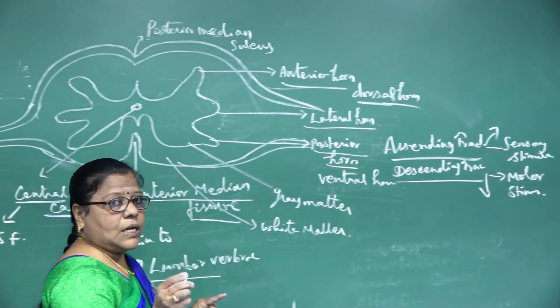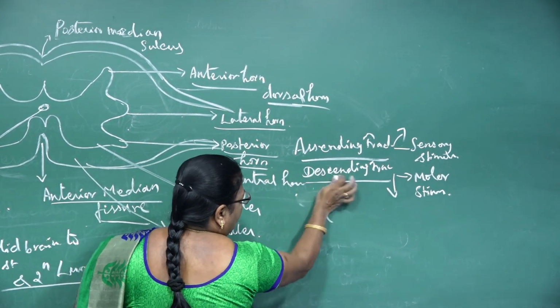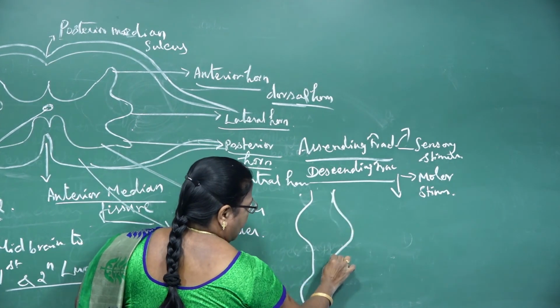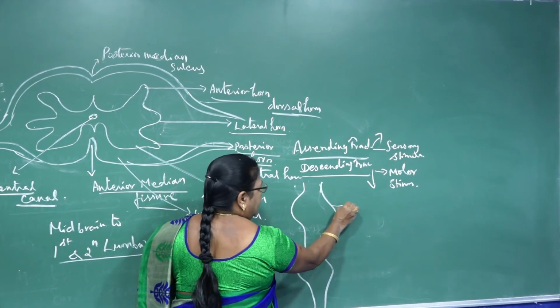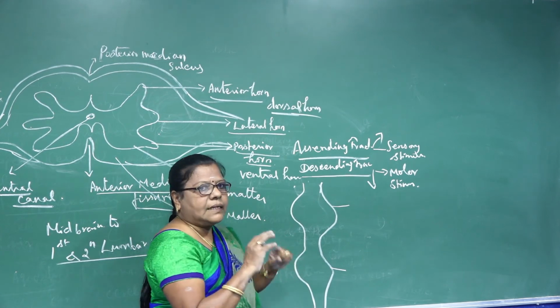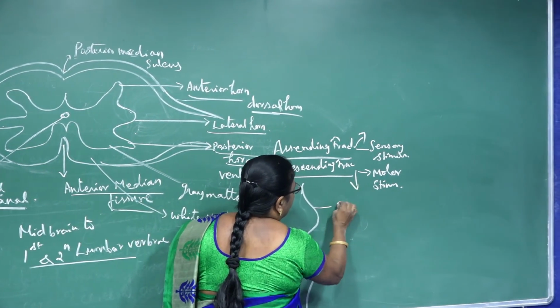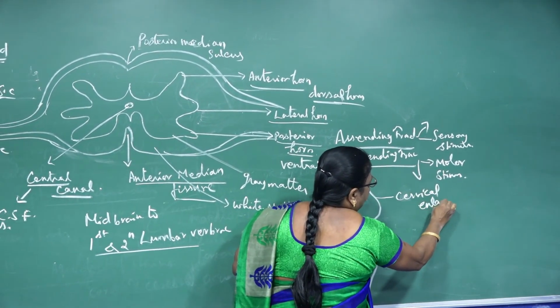The spinal cord has two enlargements. In the neck region, one enlargement, and in the hip region, one enlargement. The neck region enlargement is called the cervical enlargement.